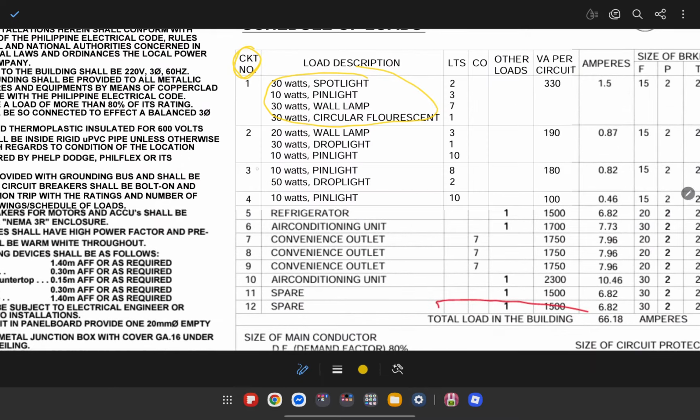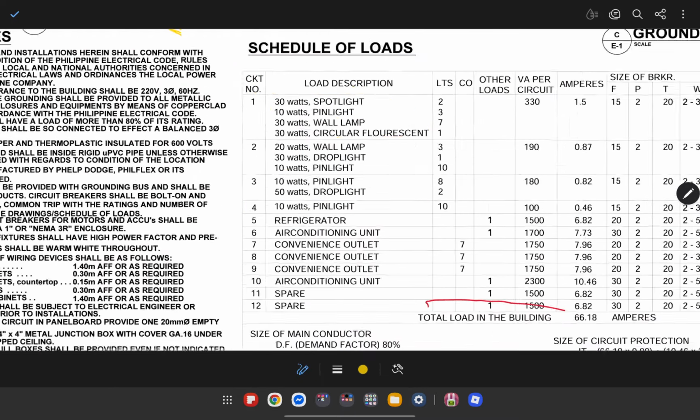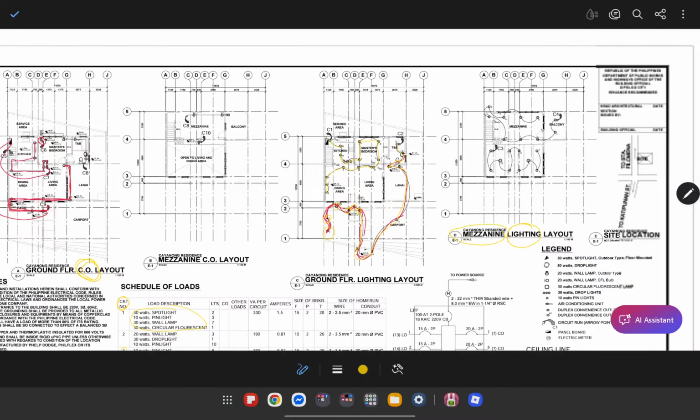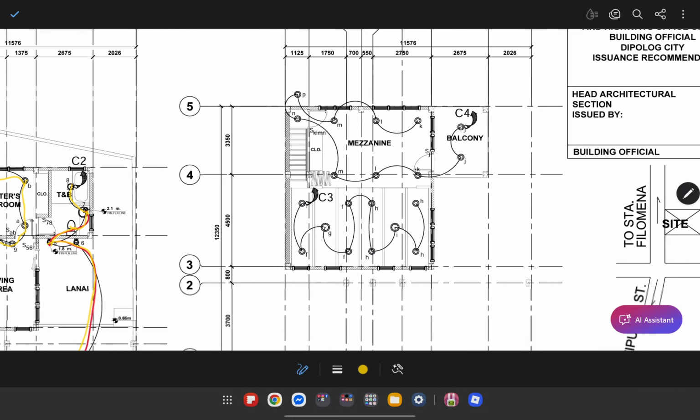It's the same for circuit number 3 as well, wherein it's on the mezzanine part in here. Now you have to count how many lights belong to this circuit. So that's C3 and of course C4 as well.